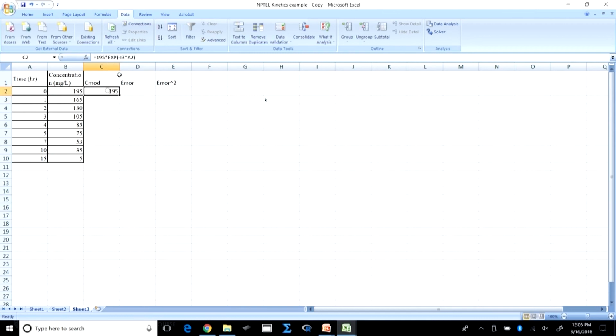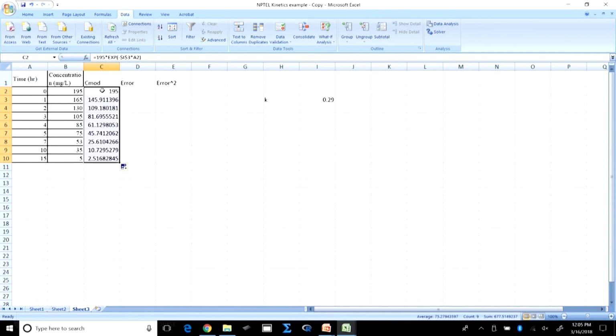Also we need to edit it such that I keep this cell constant, dollar symbol here, and again dollar symbol, enter. And for the k value, let us say again I am going to start with my trial to be around 0.29, right, okay, and then I am going to just copy this here.